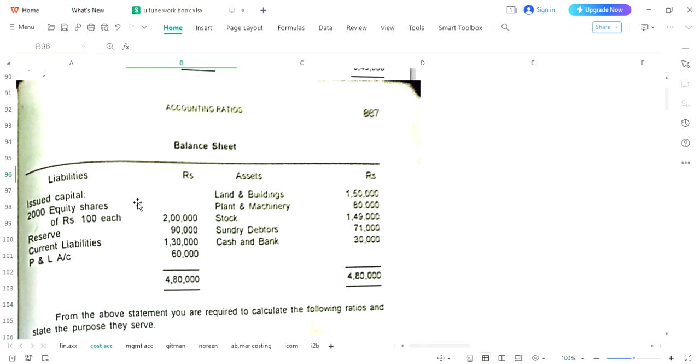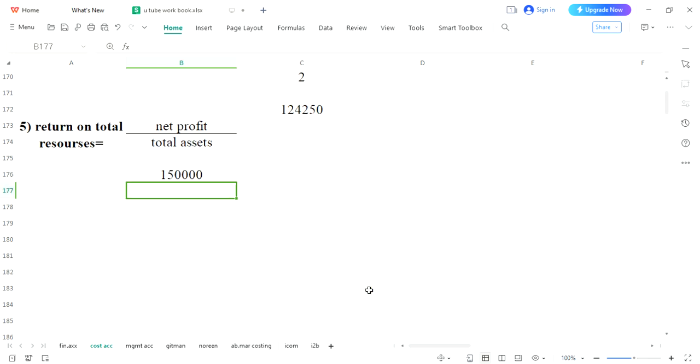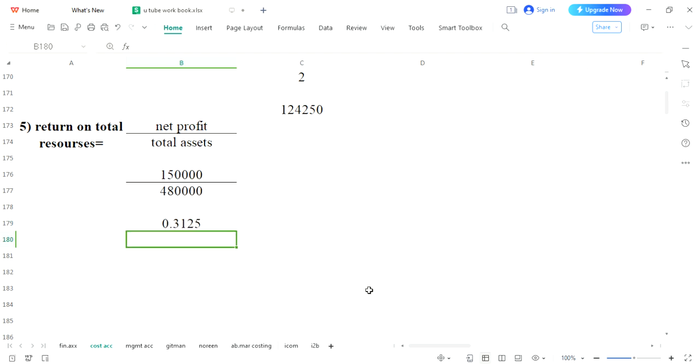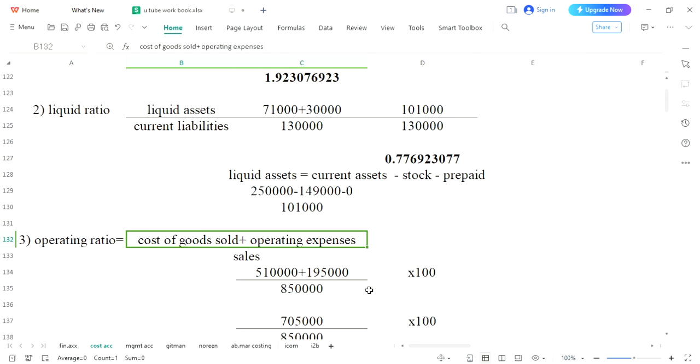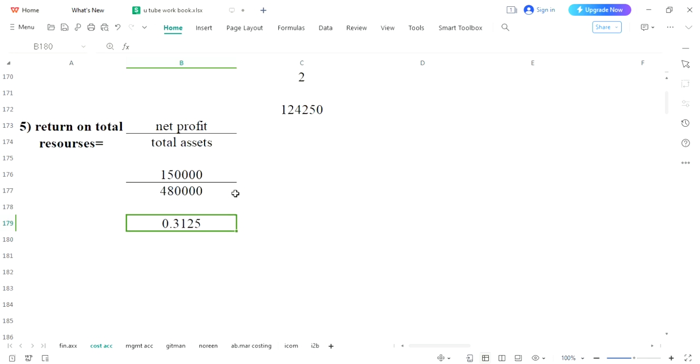Balance sheet, assets, and this is the total of the asset side, 4,80,000. So just put 4,80,000 over here. So net profit divided by total assets, 4,80,000, gives 0.3125, and look here, 0.31 return on total resources. This has also been calculated.